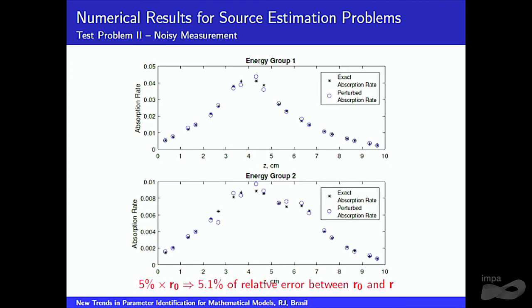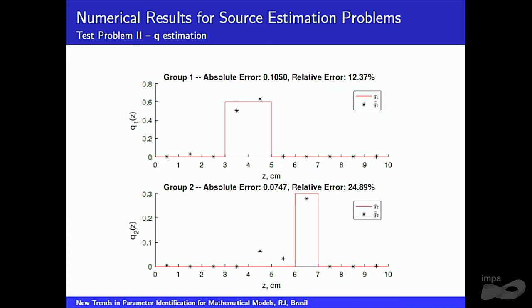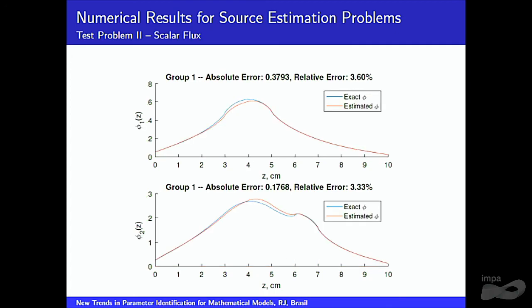Then when we increase the noise a little bit, we already see some difference, especially in group 2. And we also see, for example, here that we keep the same absolute error, but we increase the relative error, which becomes bigger than the error that we impose in the measurements. But the flux, in general, we are able to reconstruct in a good way.